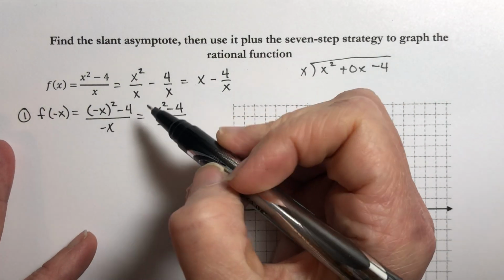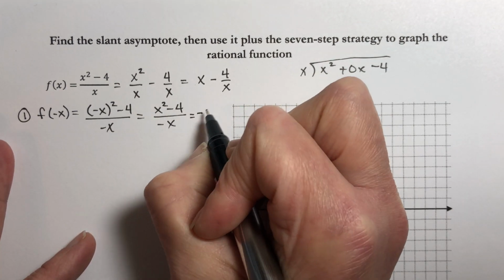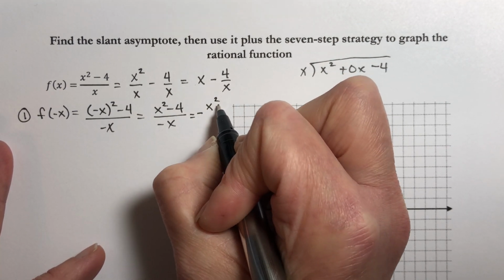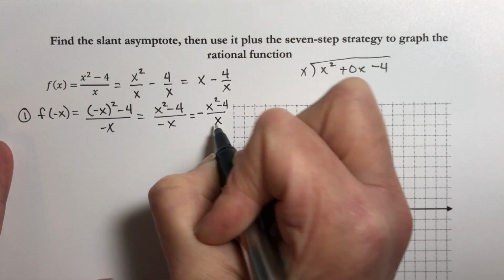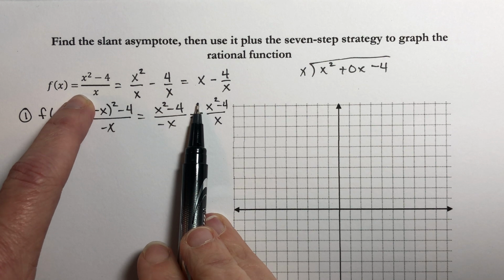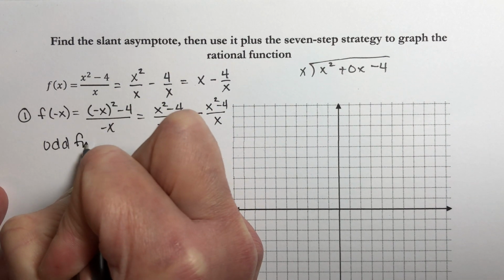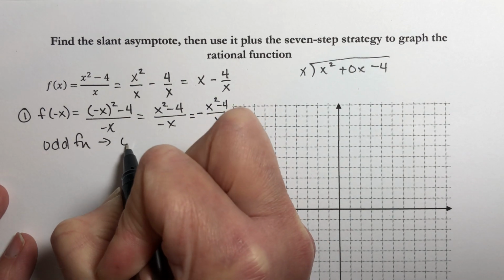However, remember we can have a negative in the top and the bottom and off to the side, and it's all the same thing. So take that negative out of the bottom. And now we look without the negative and compare it to our original, and we have the same thing. This is an odd function, which means we have symmetry about the origin.